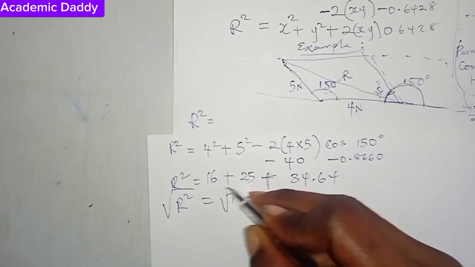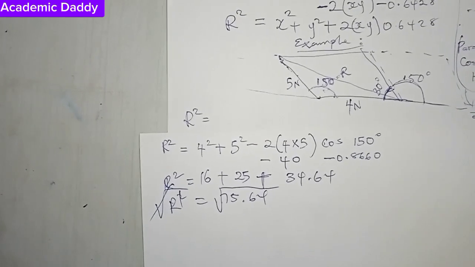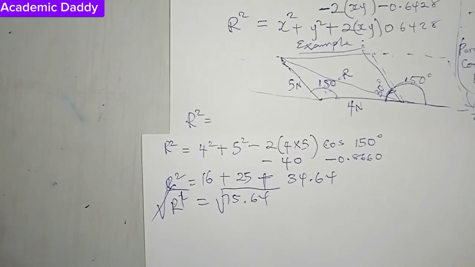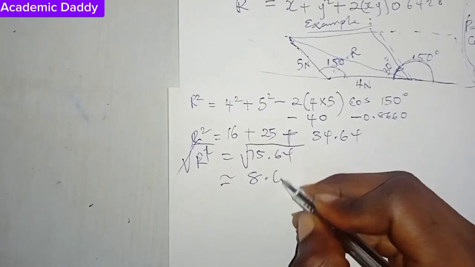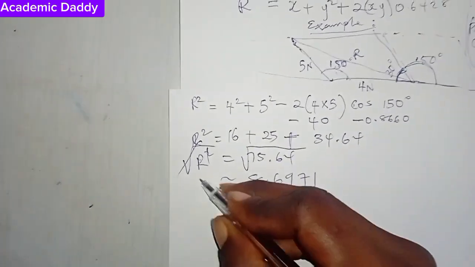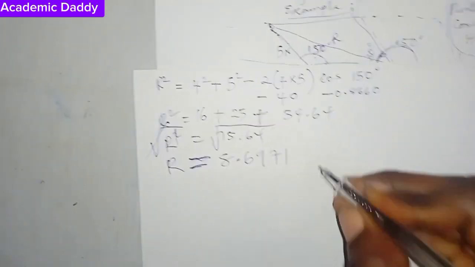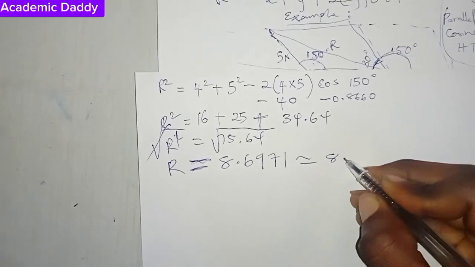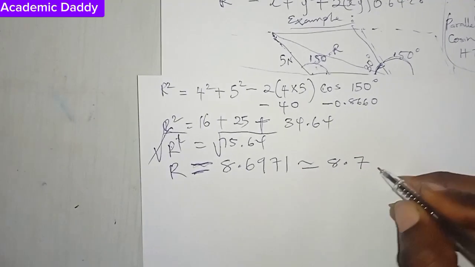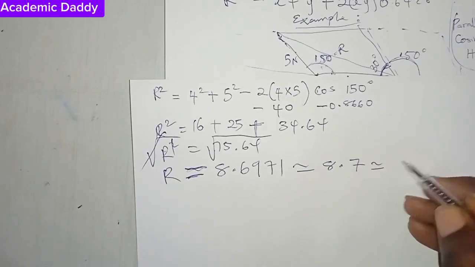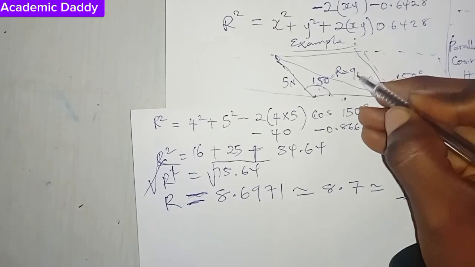If you take the square root of both sides, you now have the square root of 75.64, which is approximately 8.6971 for r. That means r is approximately 8.7, or you can round it up to approximately 9, and it's in Newton. So r is equal to 9 Newton.